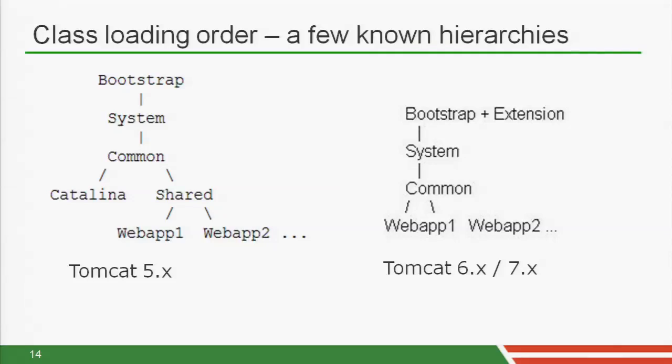Java doesn't know what an aspect is. Okay, an aspect is just another class, has a strange name, but it doesn't really matter. So if my class is accessing one of your classes, I'm bound by the Java rules of class loading. I can only access a class that has either been loaded by the same class loader as myself or one of my parents. I cannot access a class that has been loaded by one of the children.